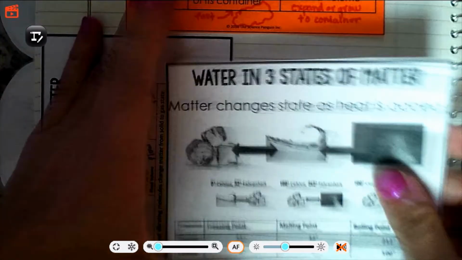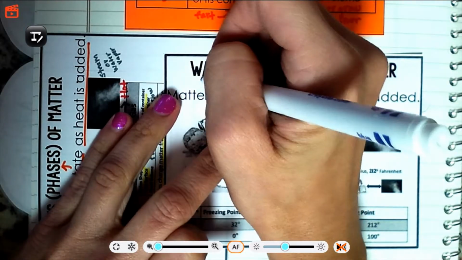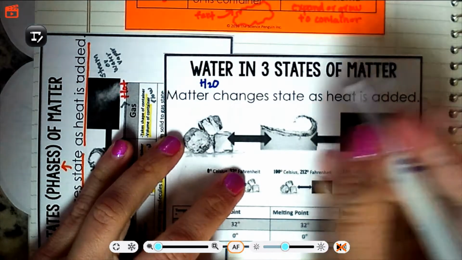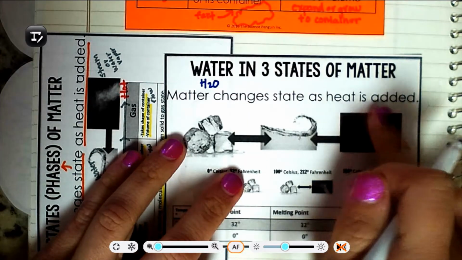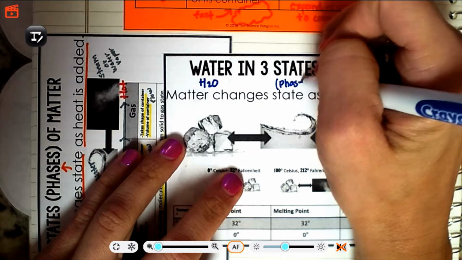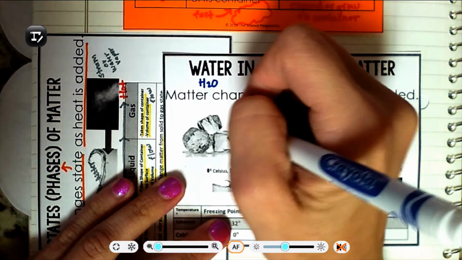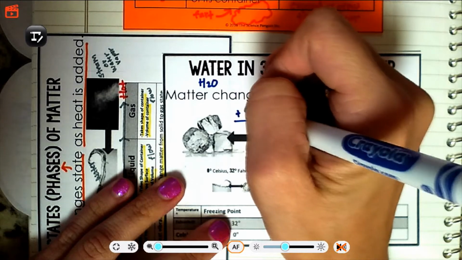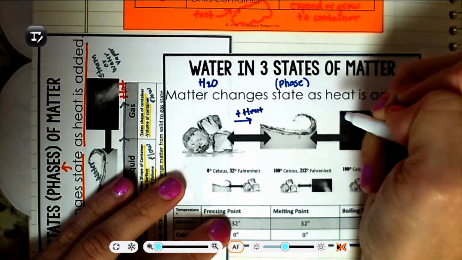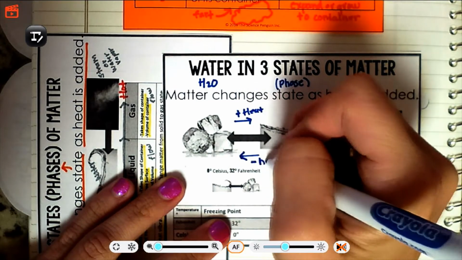And we're going to do this one. So this is our example of a specific one. So water, we know that that's H2O. So that's the same thing we said before. Matter changes state or phase as heat is added. So if we're going this way, we're going to add heat. If we're going this way, we're going to subtract heat.